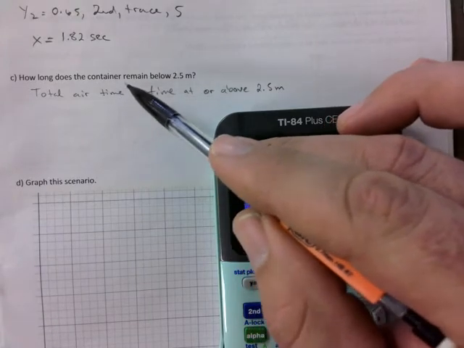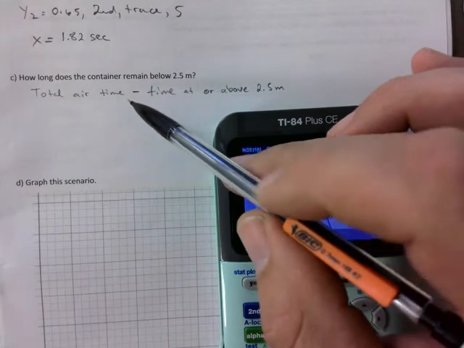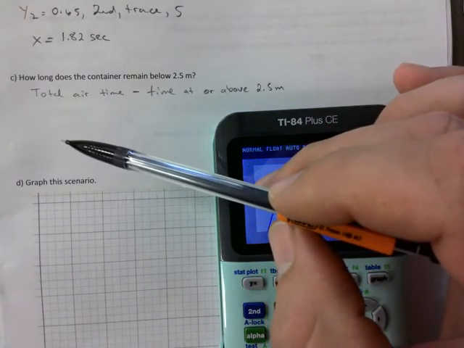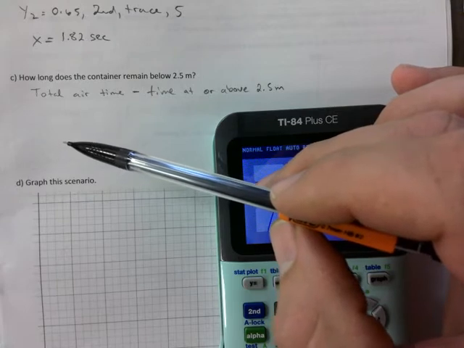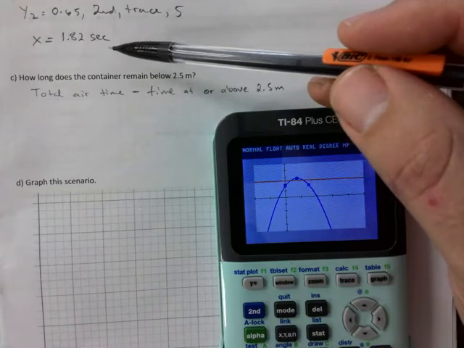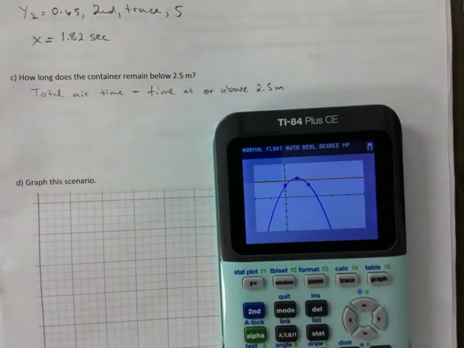When does the airtime end? When the beverage container hits the rim, right? You know those blue containers that have just a little round hole at the top? That's kind of what I was envisioning when I wrote this question. So it kind of landed there, didn't make it into the bin, right? It kind of just landed on the rim.